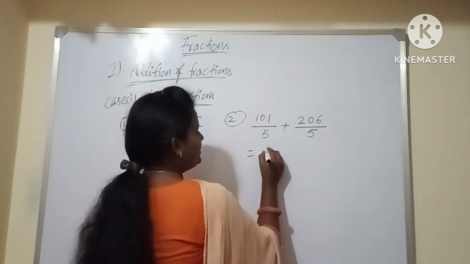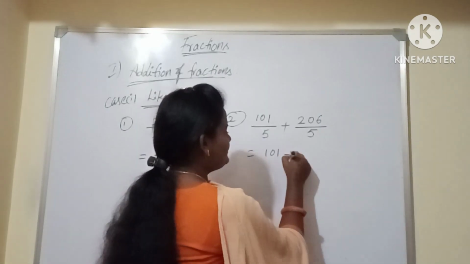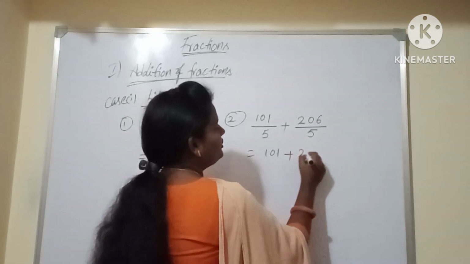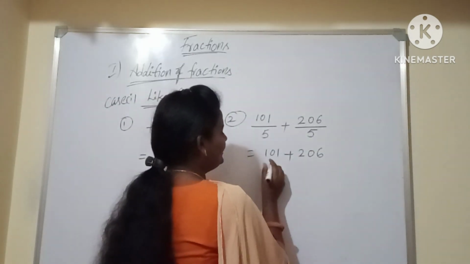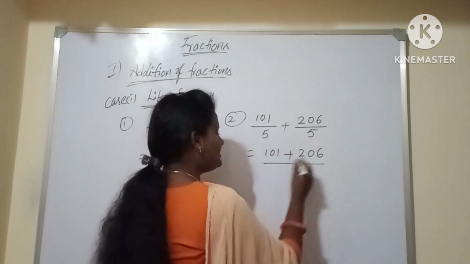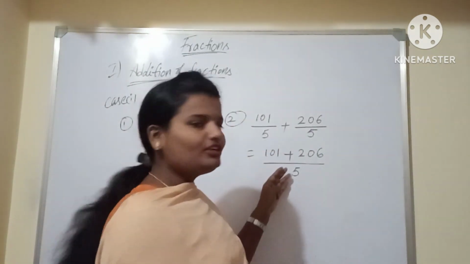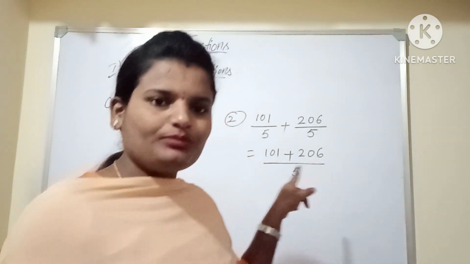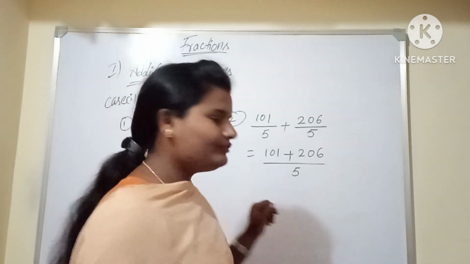The first numerator is 101, plus the second numerator, 206. The denominator we take the same, 5 only. So we added the numerators directly and took the denominator as it is.